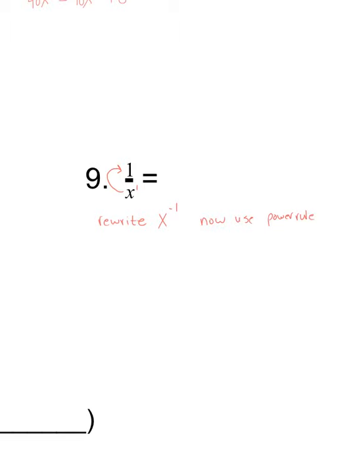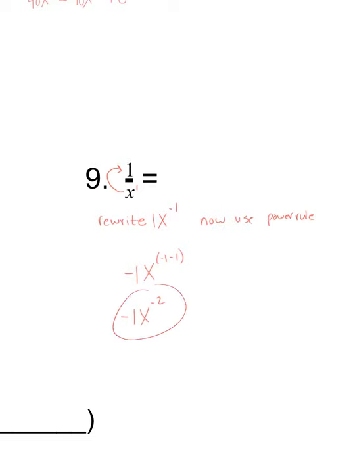That's the same as 1x to the negative 1. So the exponent negative 1 times the coefficient 1 is negative 1. And then if we take our exponent negative 1 and subtract 1, we get negative 1 minus 1. So that gives us negative 1x to the negative 2, because negative 1 minus 1 is negative 2.